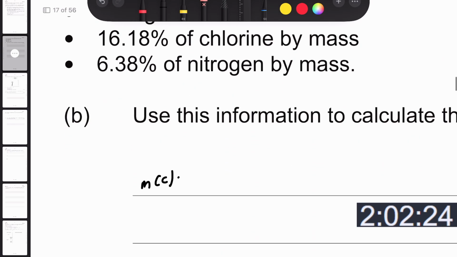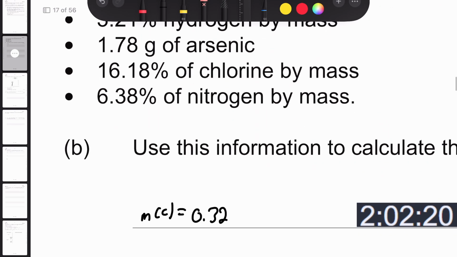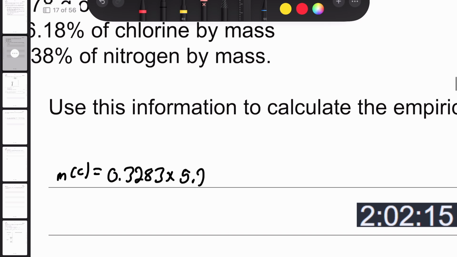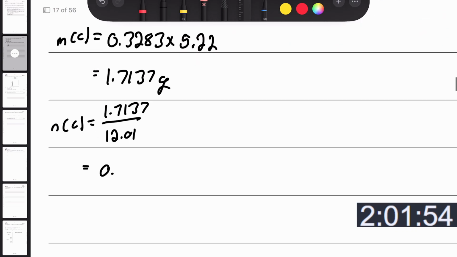So mass of carbon is equal to 0.3283 times 5.22. 0.3283 times 5.22 is 0.7137 grams. So then the number of carbon is going to be equal to 0.7137 all over 12.01, which is 0.1427 moles.